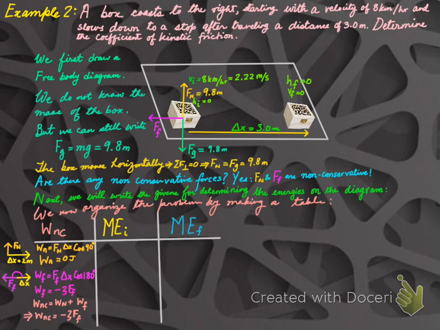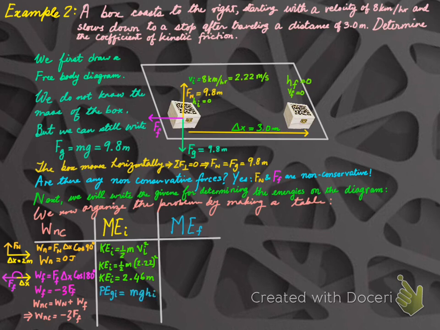Next, just as we did in the previous example, we fill out the information for the initial mechanical energy. We begin with kinetic energy, which is 1/2 m v initial squared. We don't know the mass, so we leave m the way it is, and we substitute 2.22, which is the initial velocity, for v initial. Doing the math, we get the initial kinetic energy equals 2.46 times m.